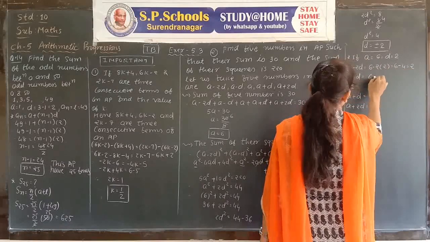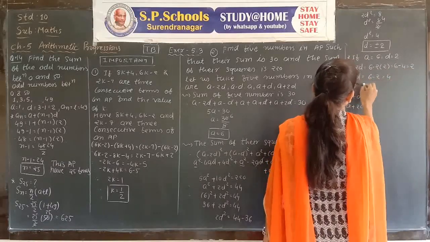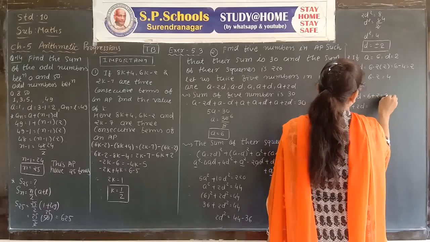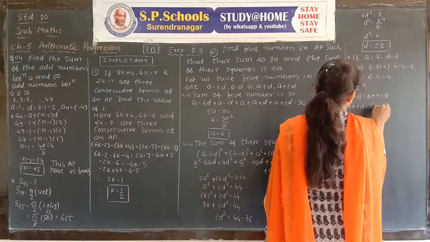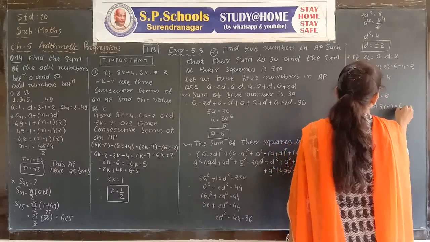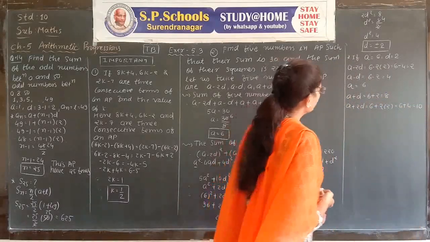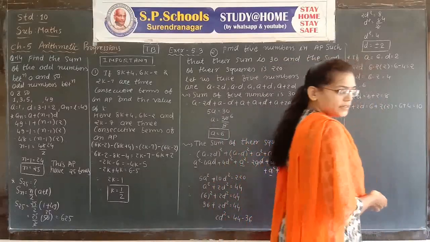A minus D, 6 minus 2 is 4. A is equal to 6 itself. 6 plus 2 is equal to 8. 6 plus 4 is equal to 10. Hence the numbers are 2, 4, 6, 8 and 10.